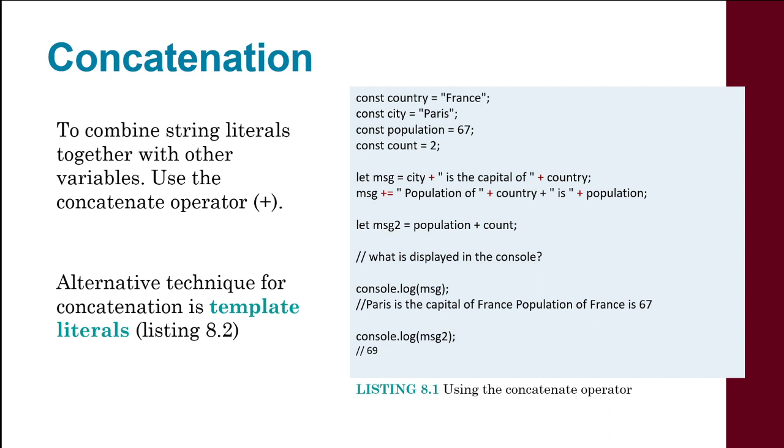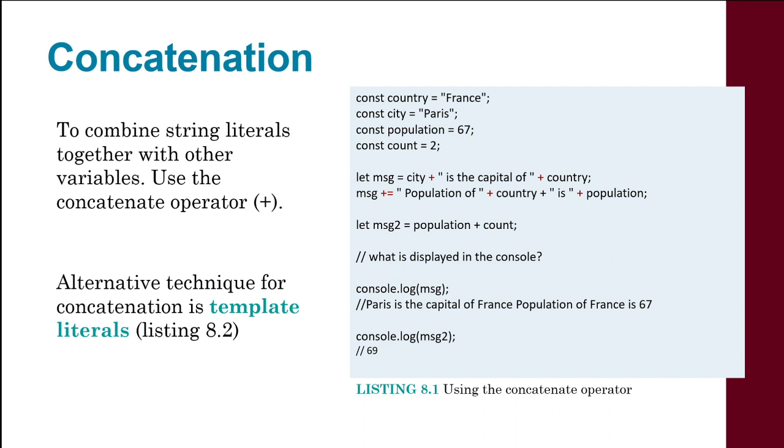And then also, if you use the plus equals, that's like saying take the original and then add to the end of it. We used that in our iterators last class, where we had i plus plus or plus equals. So then they're saying to that string that we just built, add to it space population of, then add in the country is, and then set it to the variable population.